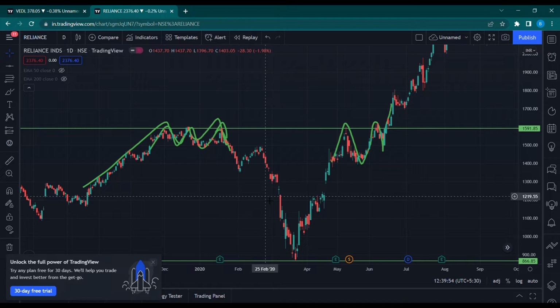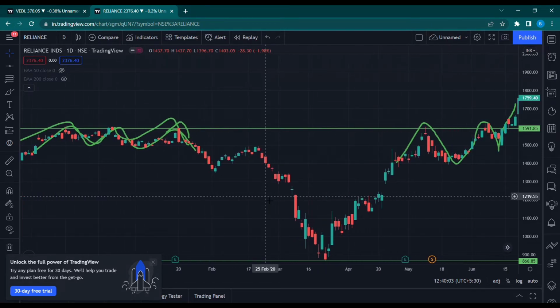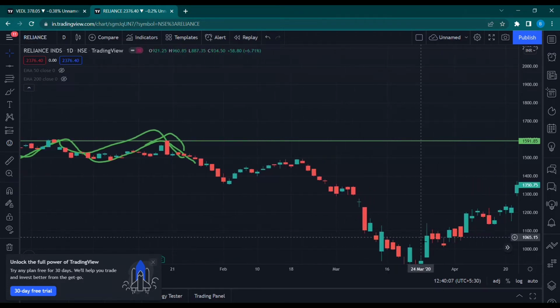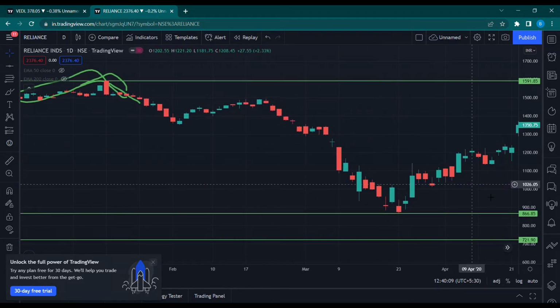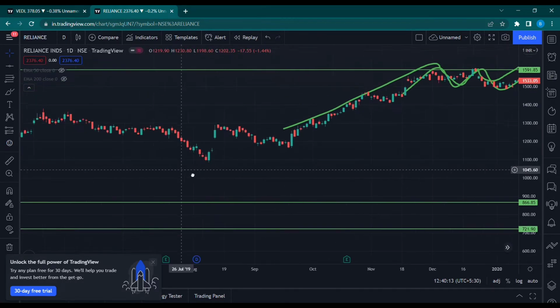We will be learning about some basic candlestick patterns. So let's come to candlestick patterns. I'll just open an example of a candlestick pattern.